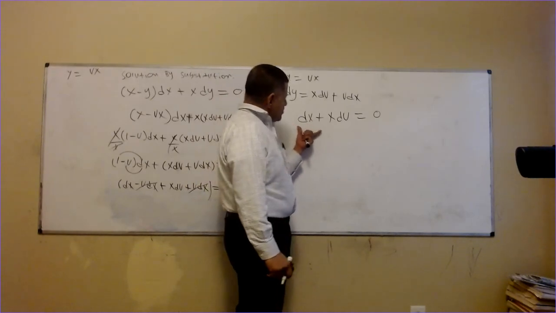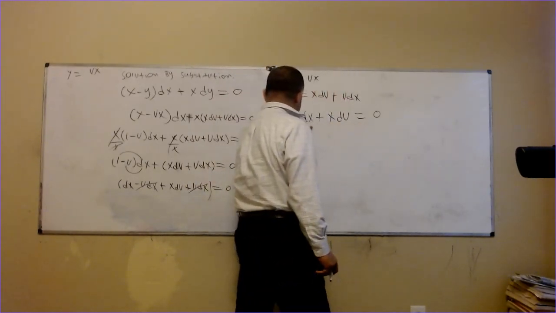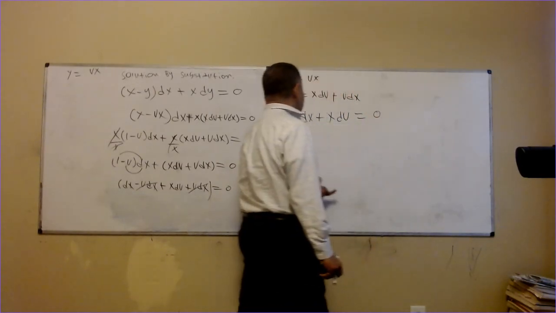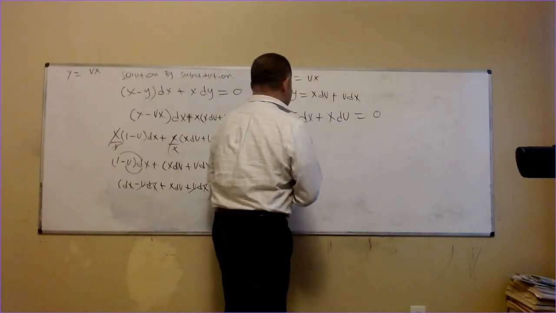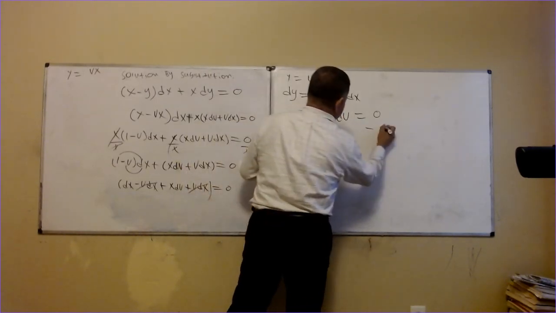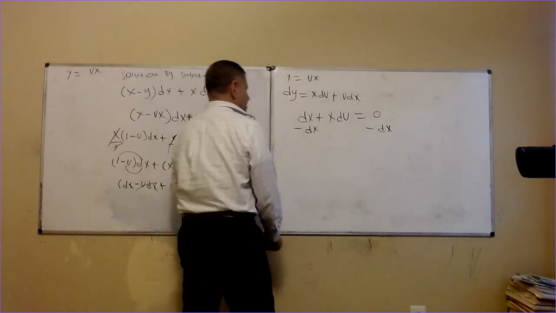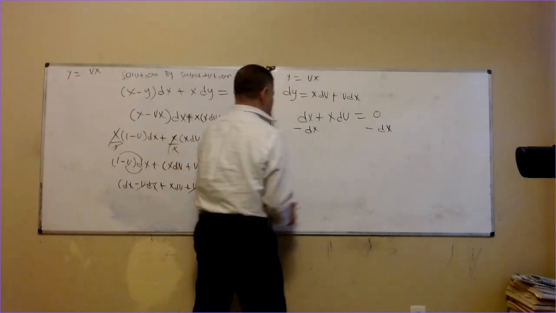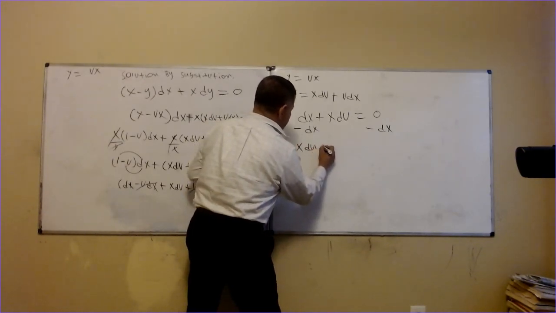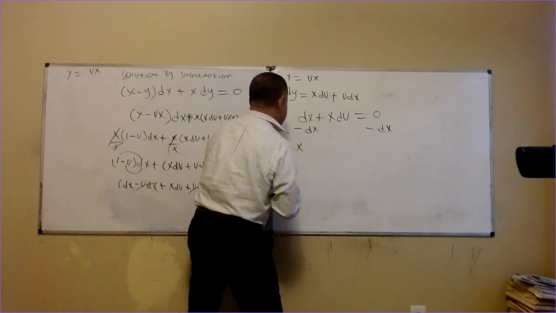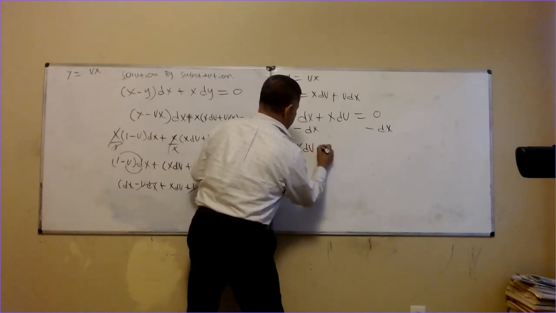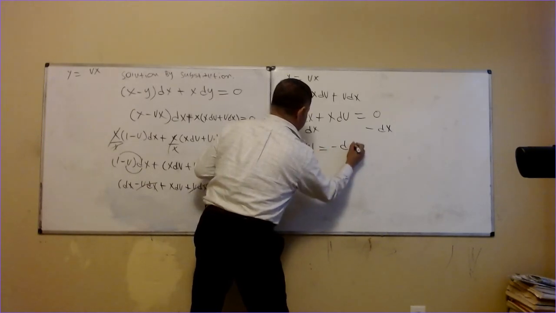Now I can subtract either of these. I can move this to the other side. Let me just subtract dx. When I subtract that to the other side, I get x dv equal to negative dx.